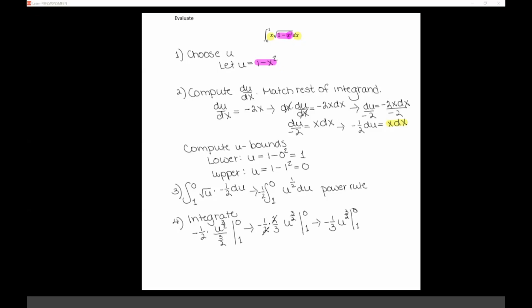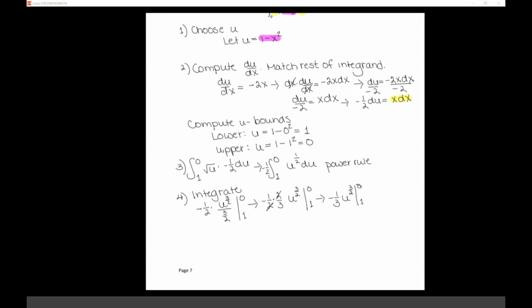Okay, so now I just have to put the bounds in the right order. So evaluate at bounds. And again, it's upper minus lower. Don't switch them around because you think they should be in a different order.